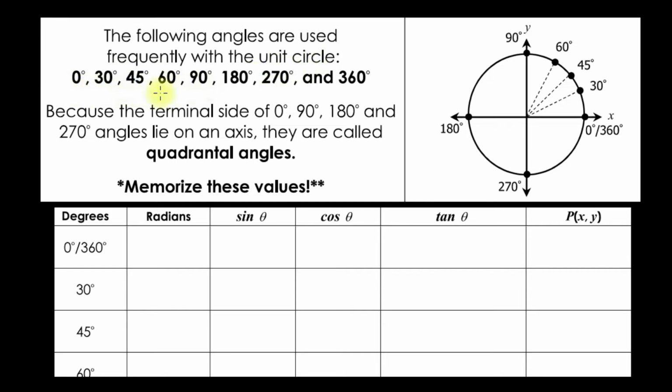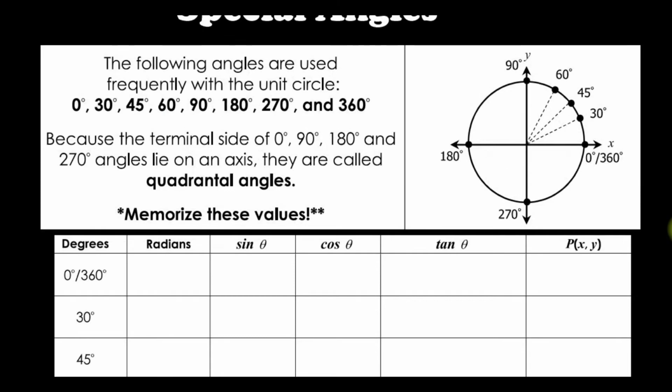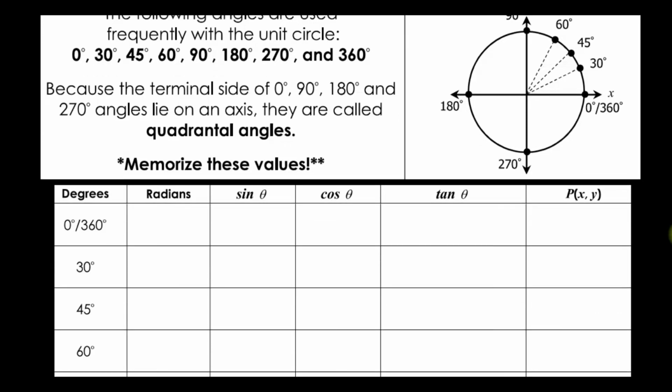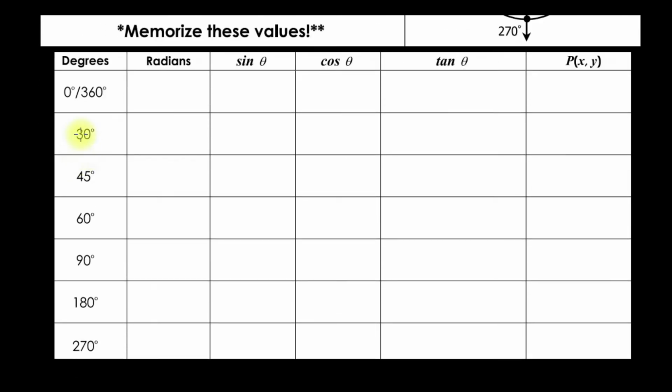So these are the angles right here. We're going to use the unit circle to come up with the values for these. These are really important to memorize because they're going to come up a lot. It's best that you just memorize these values. I'm going to show you how to come up with them.